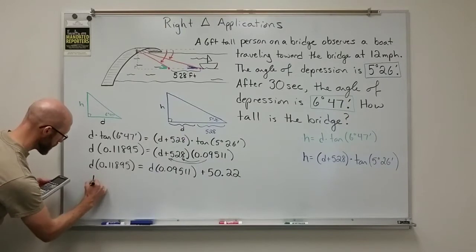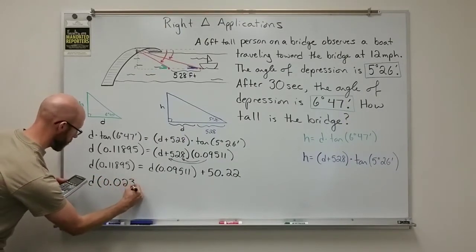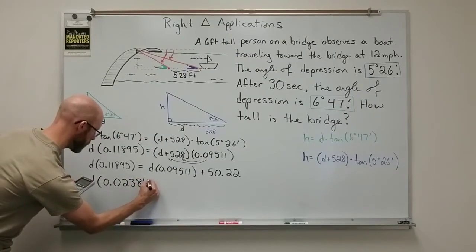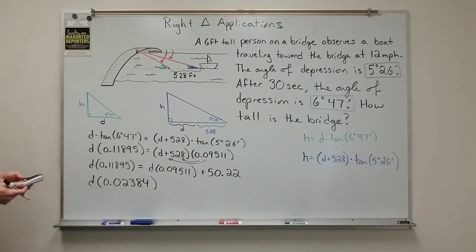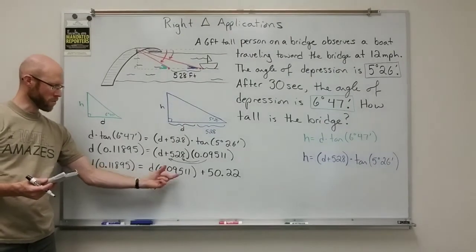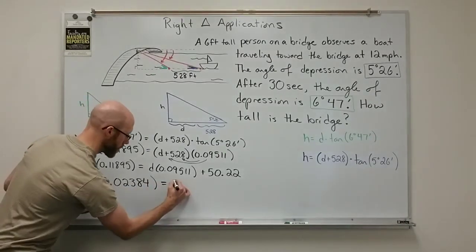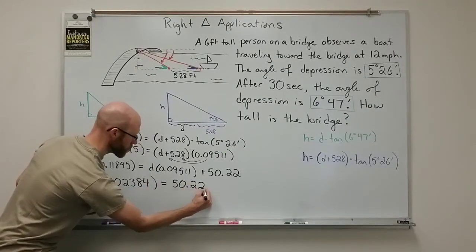And that gives me D times 0.02384. Okay, so that's the difference between these two values when I subtract it from both sides. That should equal the 50.22.